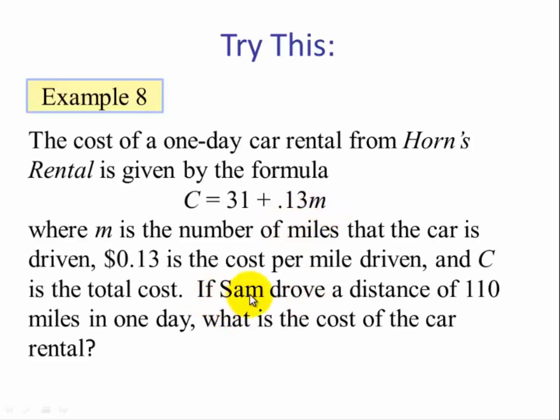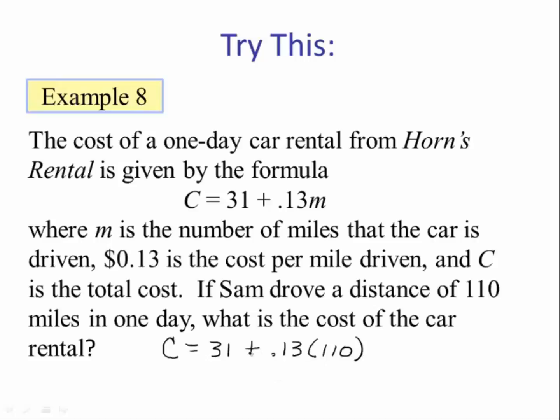So the question asks if Sam drove a distance of 110 miles. So we are given a variable here. Is this variable c or m? Well, we're asked to find the cost. That's the unknown. M is the number of miles driven, so that's 110. So we would take the equation c equals 31 plus 0.13 times the number of miles, which is 110.